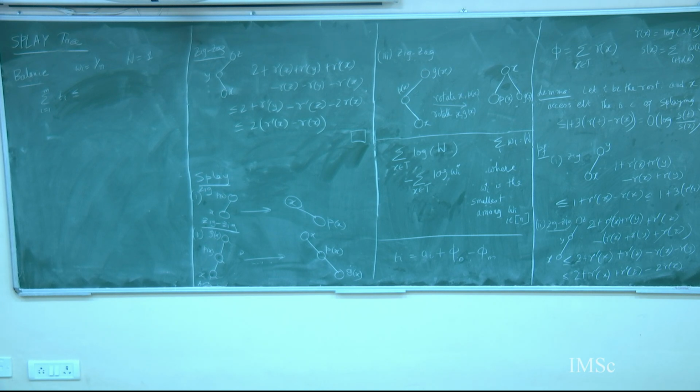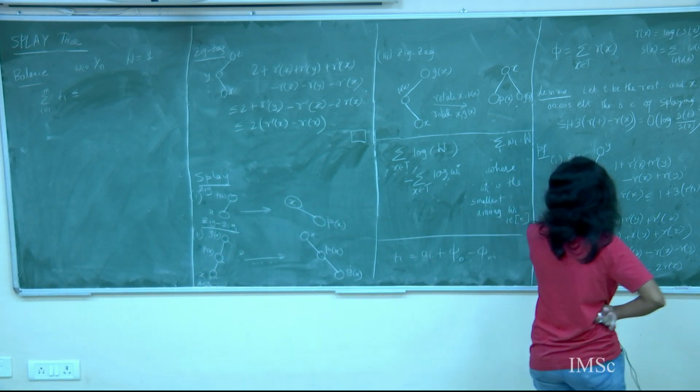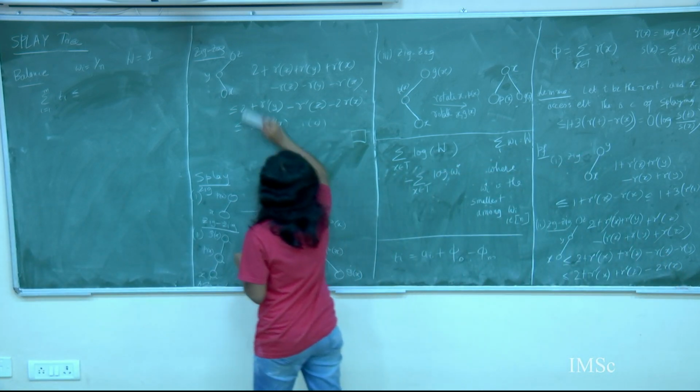Initially, the root contains all those elements, so it was log n. What is the amortized cost? This is the amortized cost, right? m plus what I had written here.